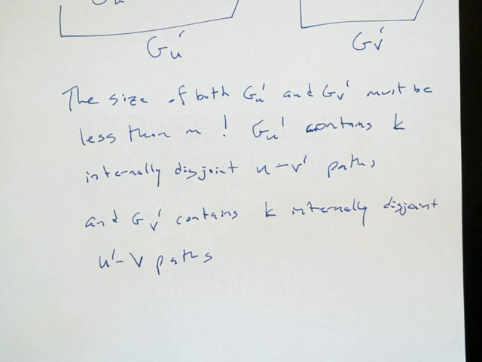Every U prime V path, its first edge goes from U prime to VI. Glue the paths together at VI. Sorry, WI.